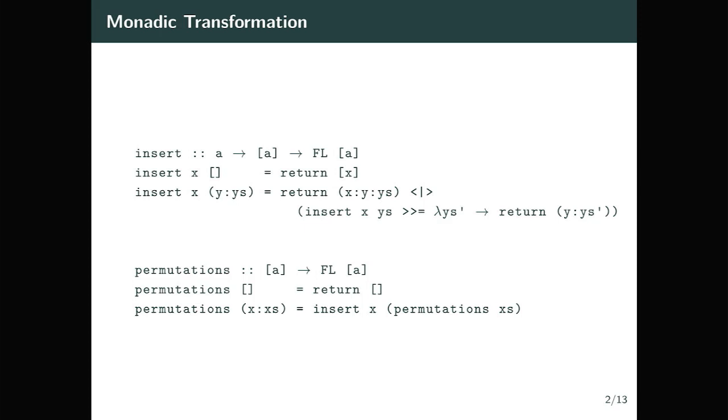So we have to bind the result of our recursive insert call and pack it again into a monadic result, which is done at the right with a return. Something similar can be done for permutations, where we bind the result of the recursive permutations call and then use that result in the call to insert. So this would be one possibility to monadically transform our program we've seen in the beginning.